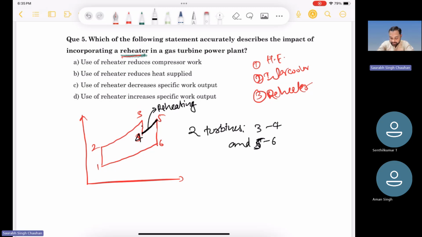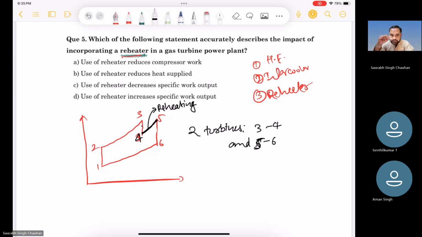Here we have only one stage of reheating, but you can have more than one stage of reheating as well. But if you keep on increasing the stages of reheating, the increment in specific work output that you are getting will keep on decreasing, but the complexity will keep on increasing. So at some point you will have to make a trade-off between these two parameters.